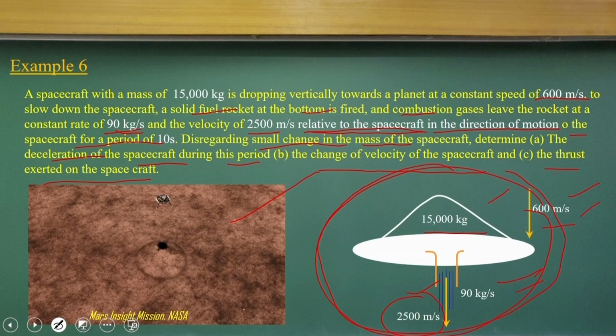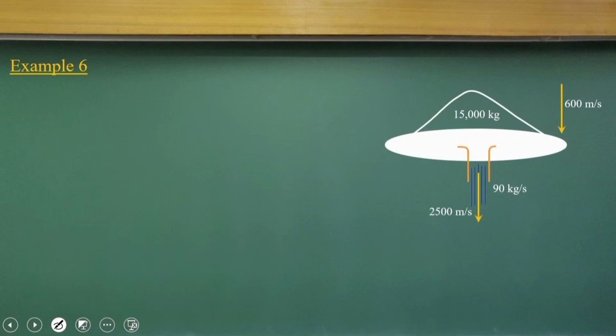What is the force acting due to that? What is the deceleration because of the firing of the gases from this rocket, and what is the change of velocity? That is what we will solve.